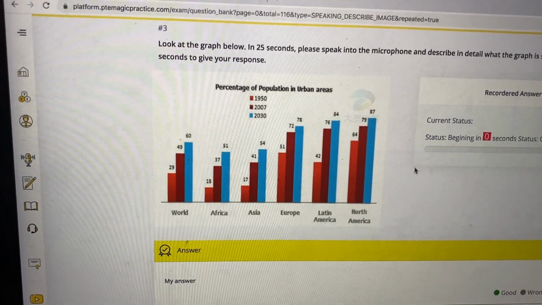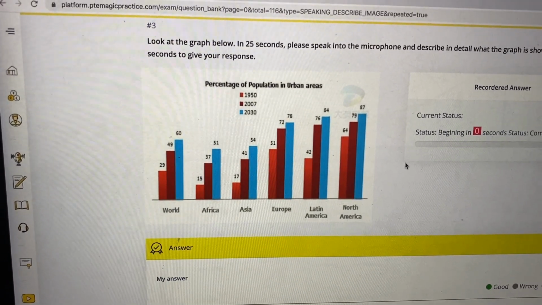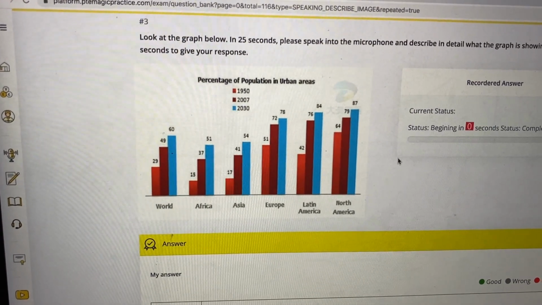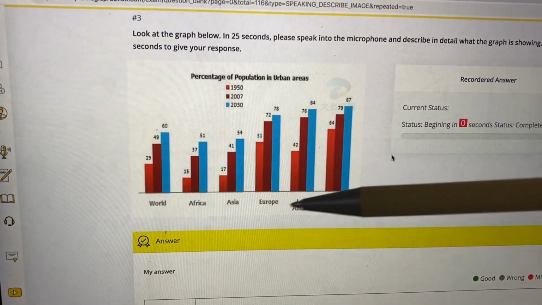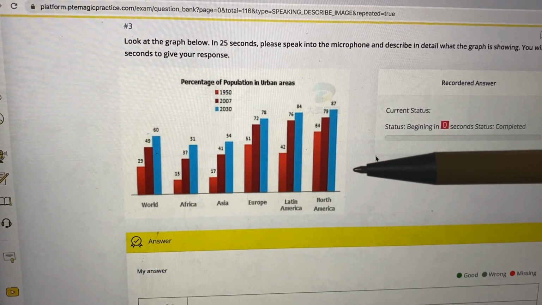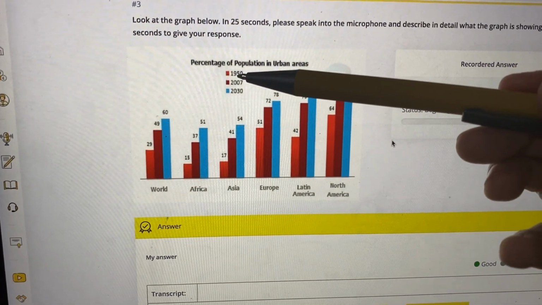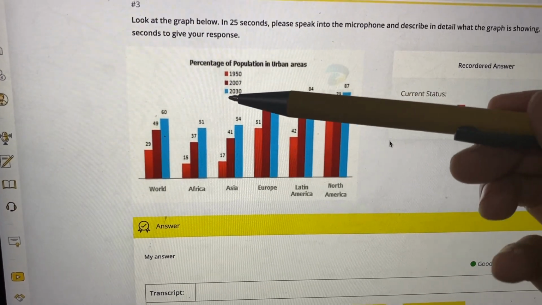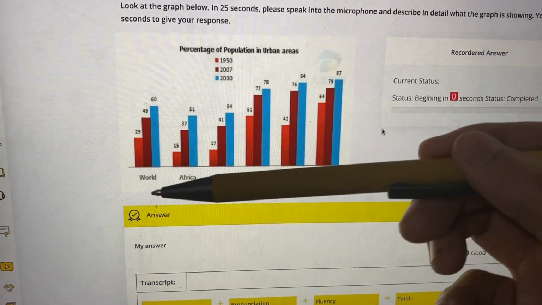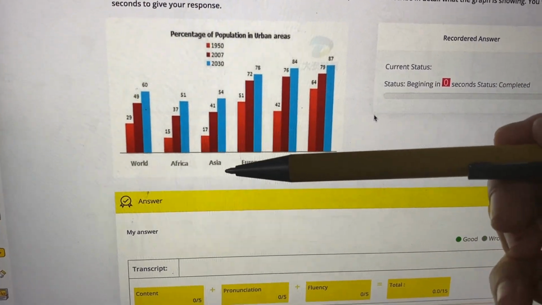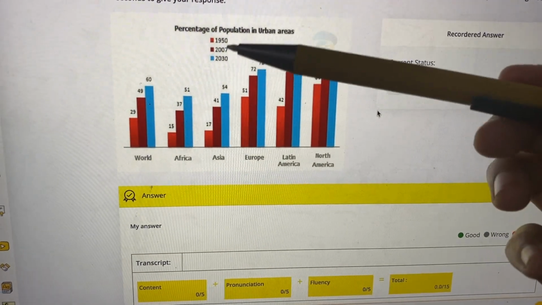As long as you are reading the keywords shown in the picture, you're fine. You can say 90, 50, 2007, 20, 30, or even the world, Africa, Asia, anything. But just pick two or three.